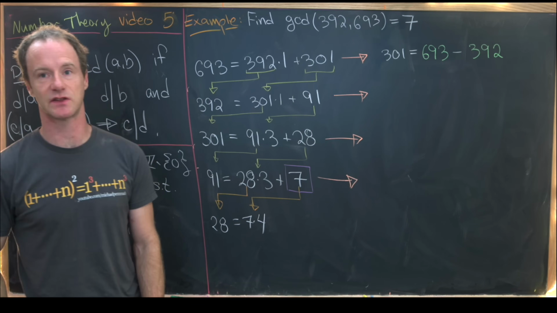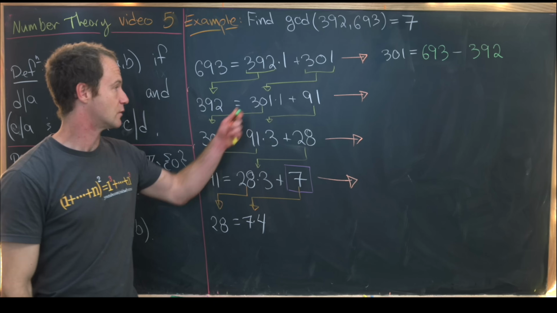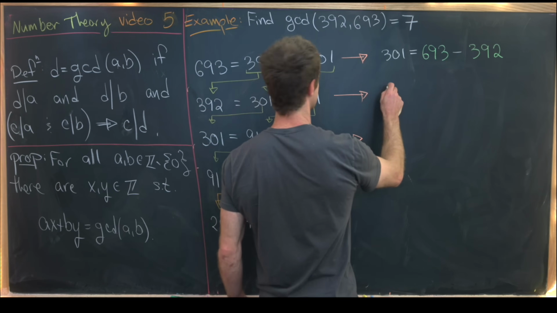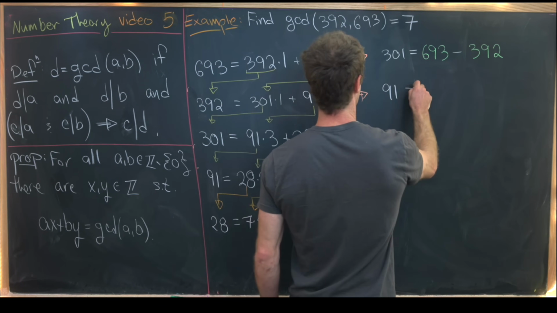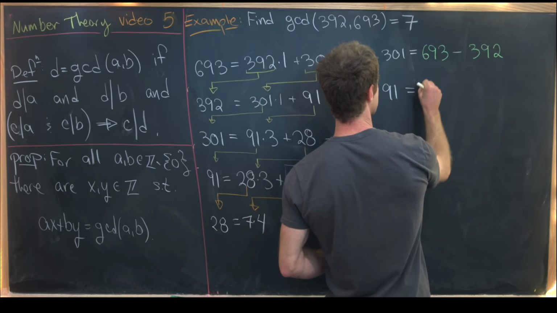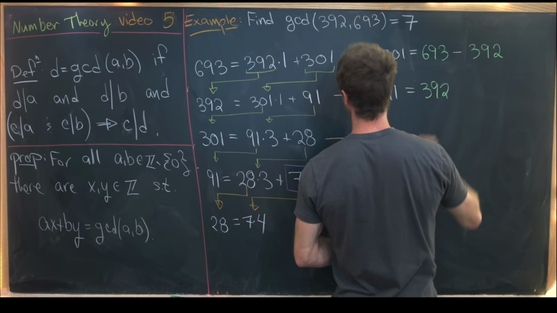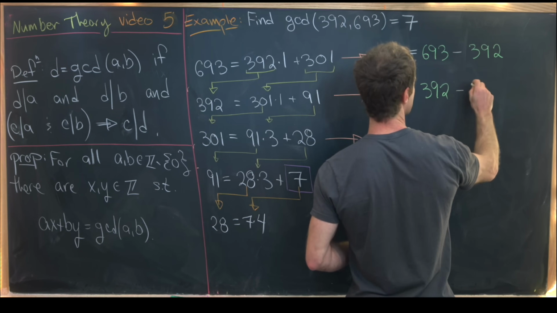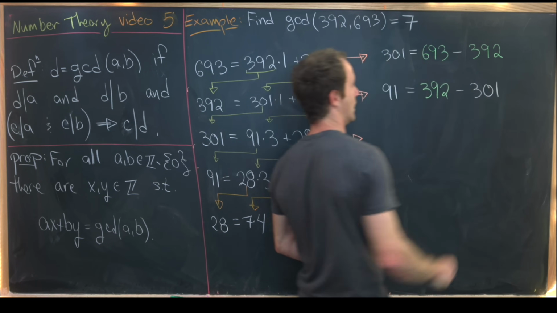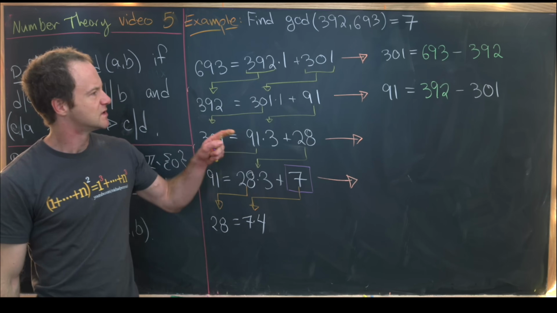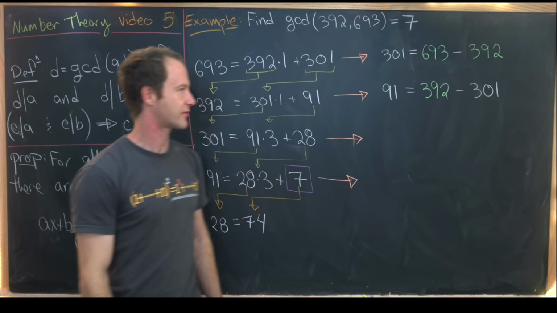So I'll just leave that as 392. Then we'll do the same thing for all the rest of these. So I'll have 91 is equal to 392 minus 301, like that. So notice I've written my 693 and my 392 in green.